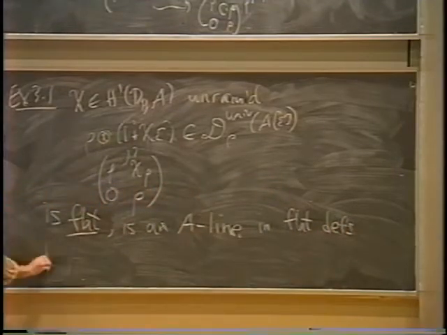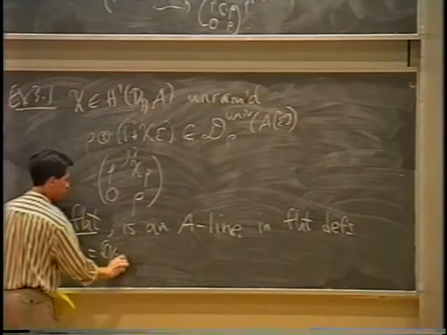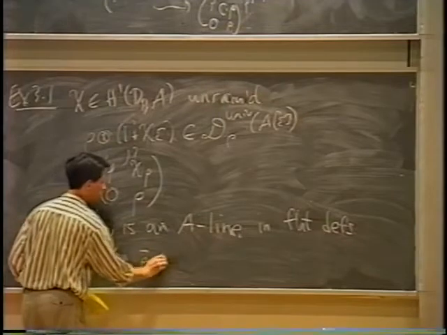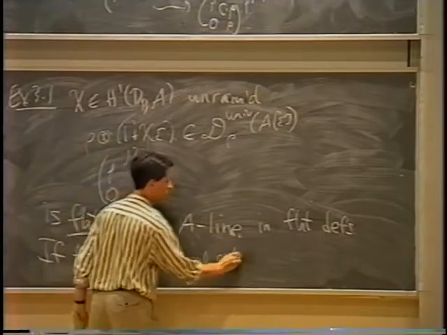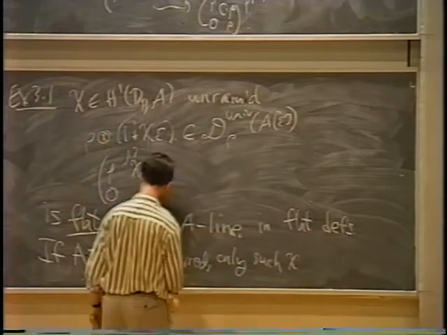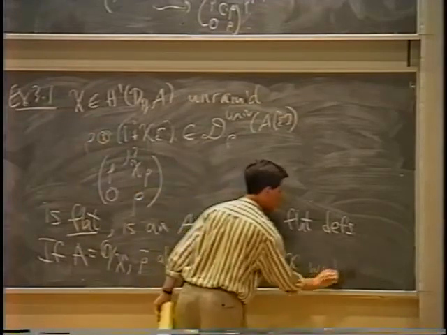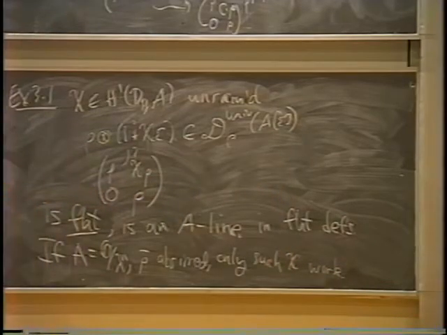It's interesting to note, as a consequence of the results we'll give later, at least in the case when A is O mod lambda to the n and rho bar is absolutely irreducible, only such chi will work. Yeah. So if you twist by a ramified thing, it can't be flat for the rho bars we'll be considering in the absolutely irreducible case.